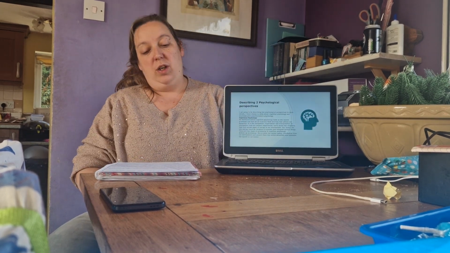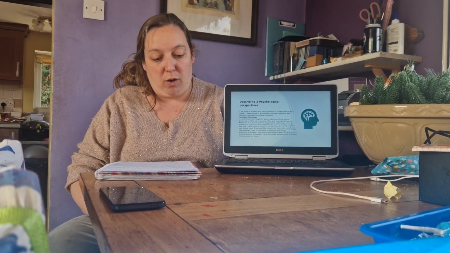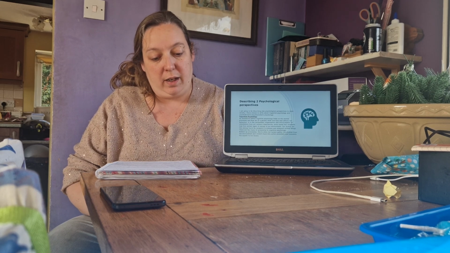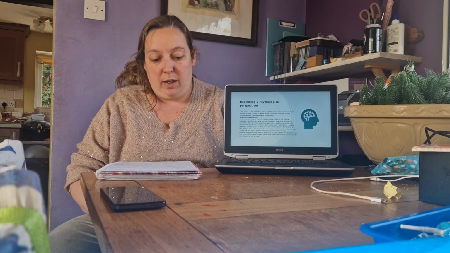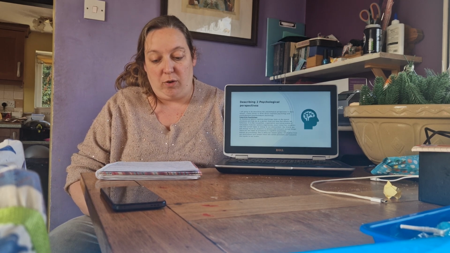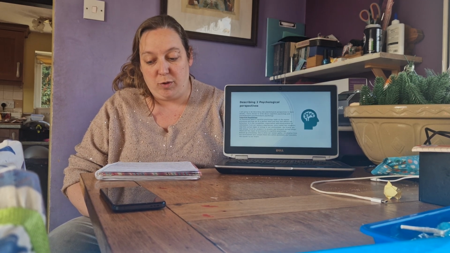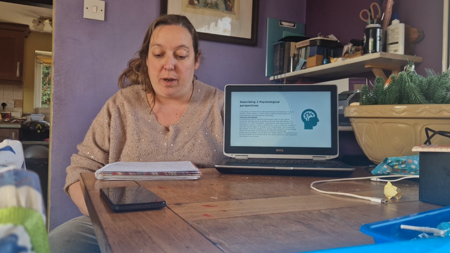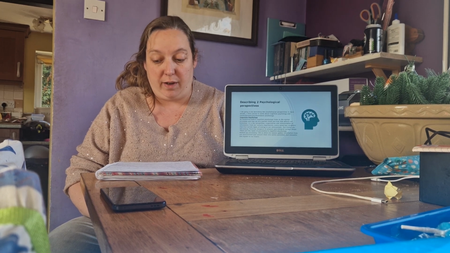The 2 I have chosen to do are cognitive and psychodynamic. I'm going to describe cognitive in a bit more detail. As mentioned before, cognitive psychology looks at mental processes and how we as a person think and how it affects our behaviour.